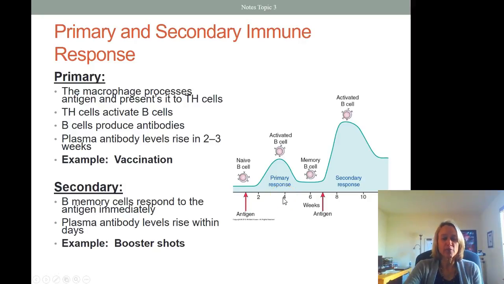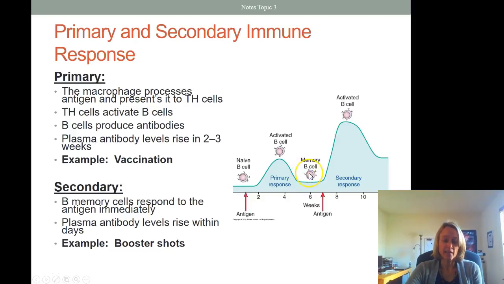However, we could provide that first immune response by giving a vaccination so that we have protection. Because what happens after we are exposed, either by getting sick or by getting a vaccination, is we create these memory cells.